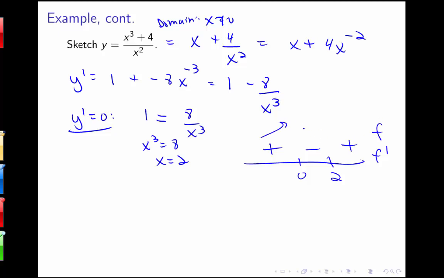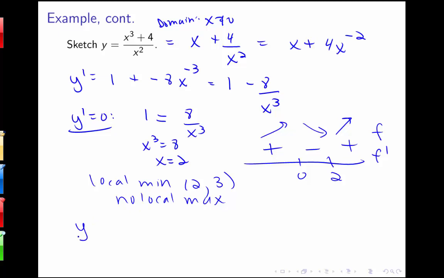So my f is going to be increasing, then decreasing, and then increasing, so I have a local min at 2. What do I get if I plug 2 into this? Well, 2 squared is 4, so this will be 1, so I'll have 2 plus 1. So I have a local min of (2, 3). I don't have a local max, although it looks like I might have something at 0, but remember the function's not defined at 0, so we have no local max.